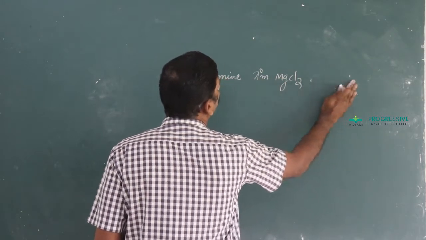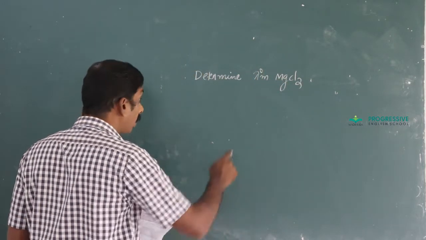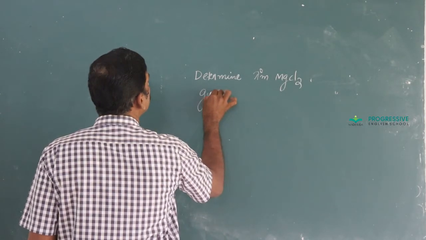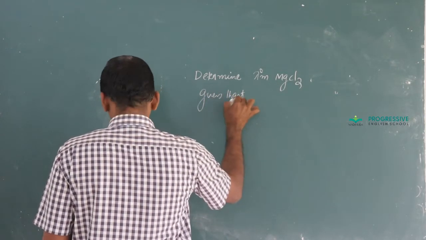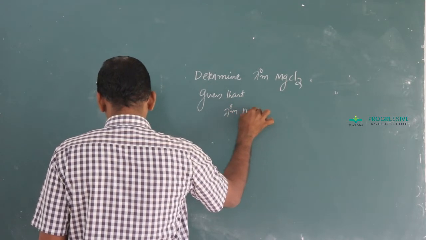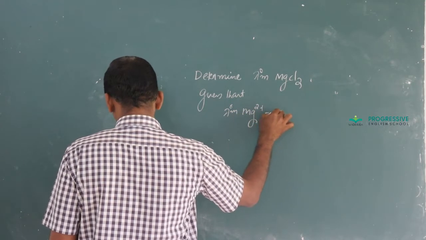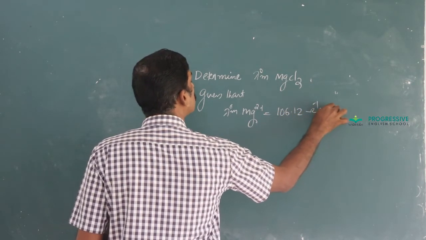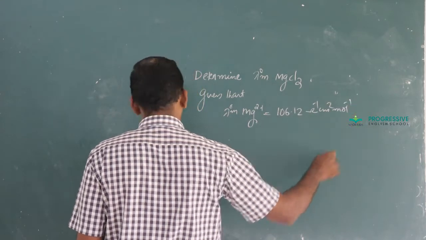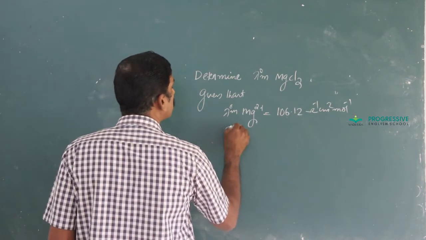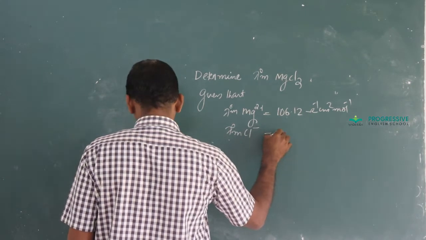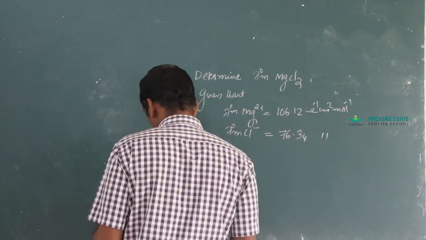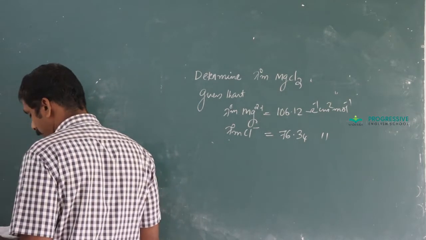Lambda 0m denotes at infinite dilution. Given that lambda 0m Mg2 plus equal to 106.12 ohm inverse centimeter square mole inverse, and lambda 0m Cl minus equal to 76.34 ohm inverse centimeter square mole inverse.